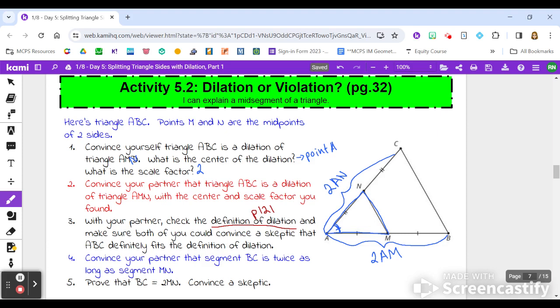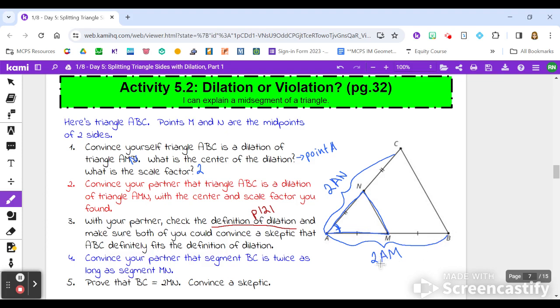The definition of a dilation is a dilation with a center P and a positive scale factor of K takes a point A along the ray PA to another point whose distance is K times farther away from P than A is. So what that's telling you is you're going from your center of dilation to a certain point for your pre-image, and then you're taking the length or the distance between A and M, and you're multiplying that distance by some number to get the length of AB, which we did.